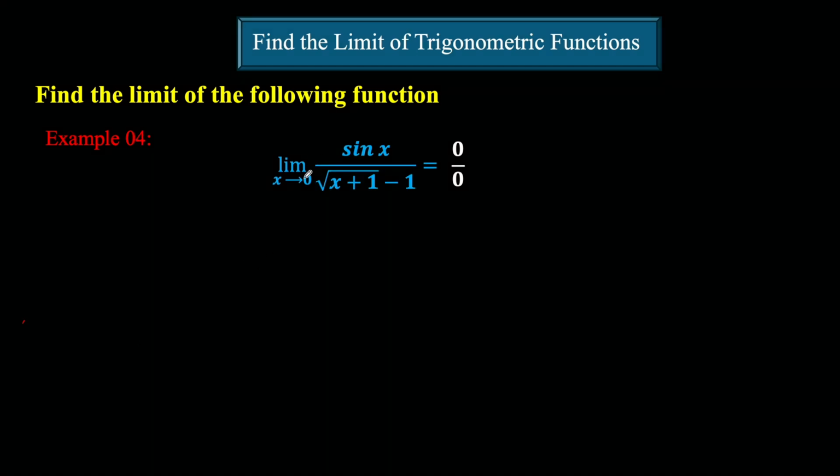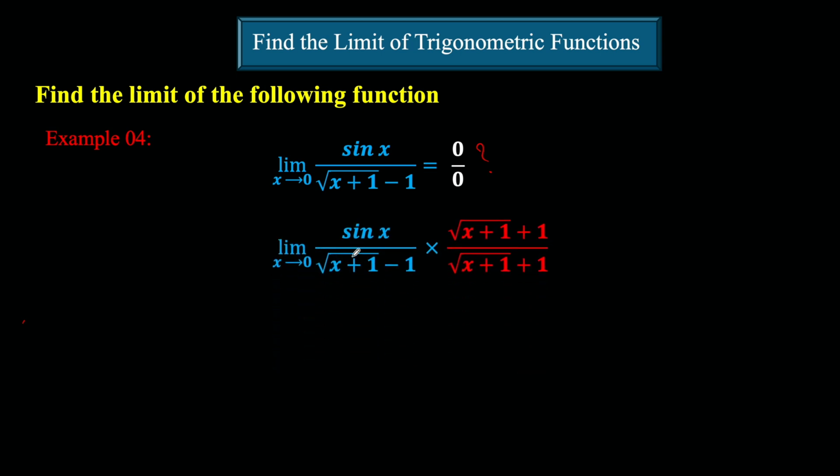Let's see the fourth example. Find the limit as x approaches 0 of sine x over the square root of (x plus 1) minus 1. If you calculate the limit directly, you will get 0 divided by 0, and this is an indeterminate quantity, right? So you have to avoid it by multiplying by the conjugate.